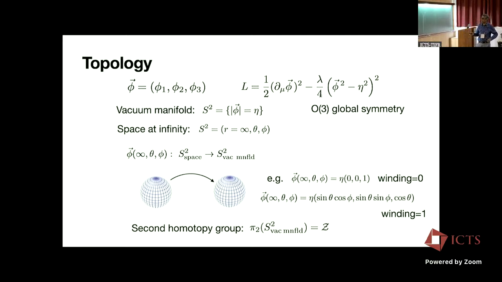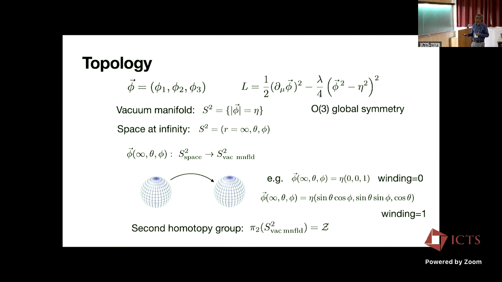So that's the topology, that there's a winding number. And in terms of homotopy groups, this is the statement that pi 2 of S2 is the set of integers. So you can have winding of 1 or 2 or 3 or -1, -2, it can be anything. So some integer.